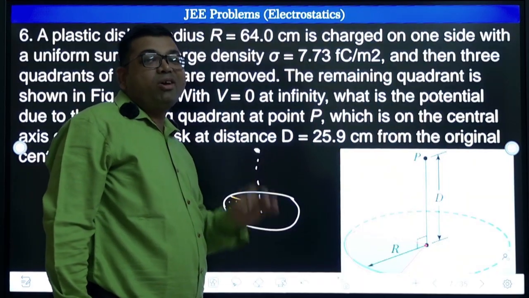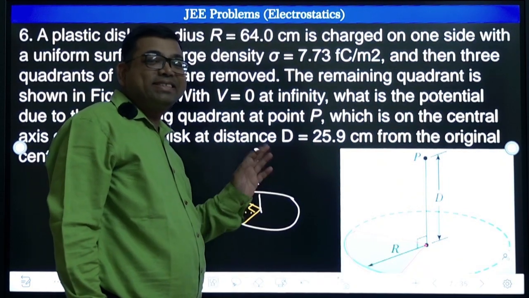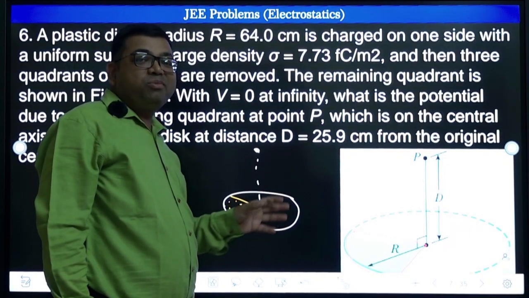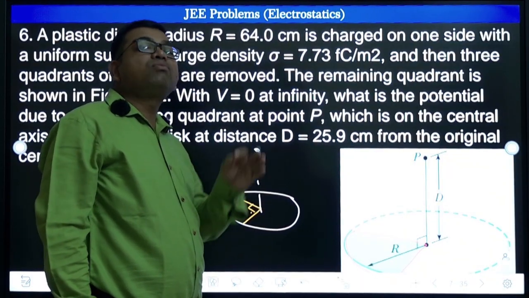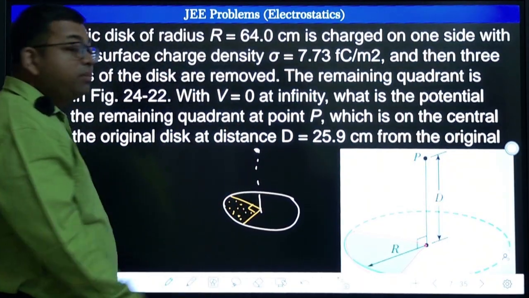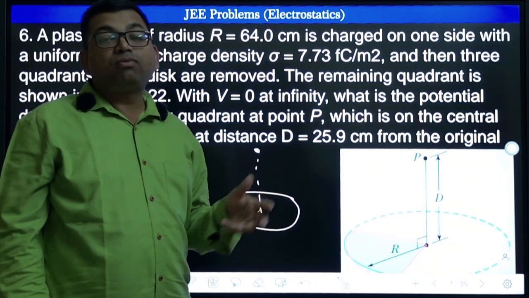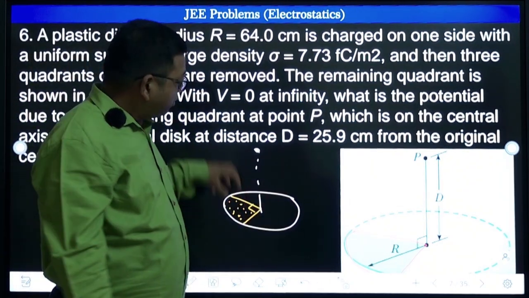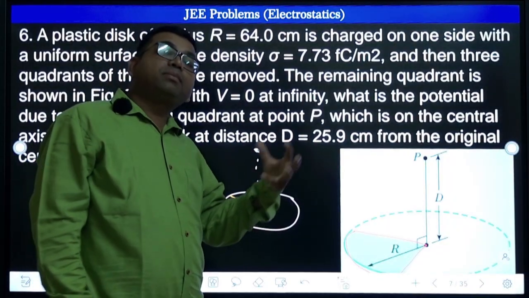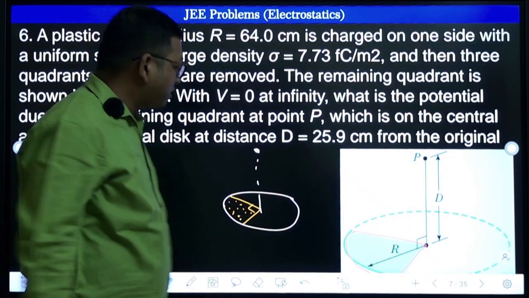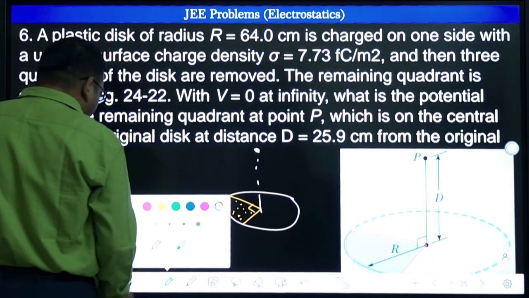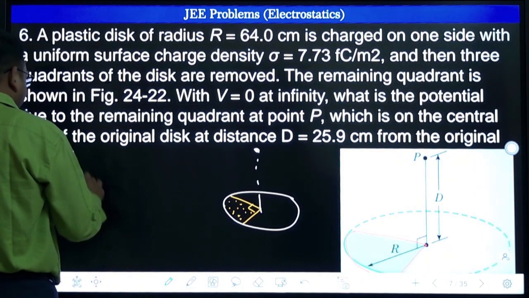You know the formula for potential on the axis for the full disk. Now it is a simple calculation: you have to take one fourth, because the charge has been divided by four. The equal quadrants will have the same potential, and since potentials are scalar quantities, it is not affected.